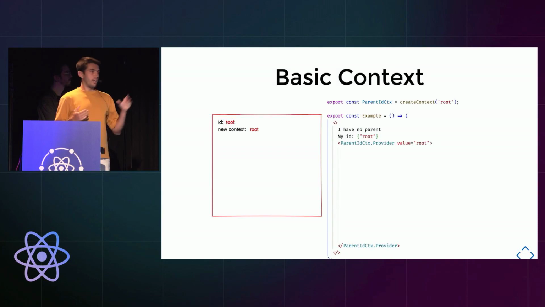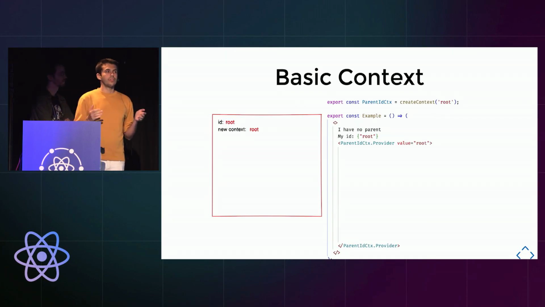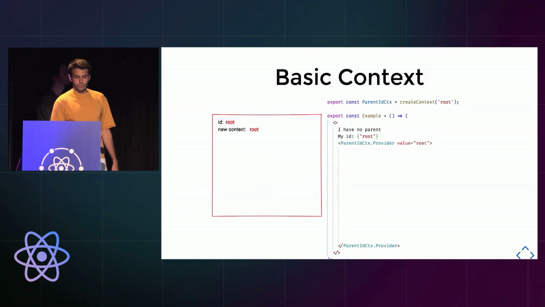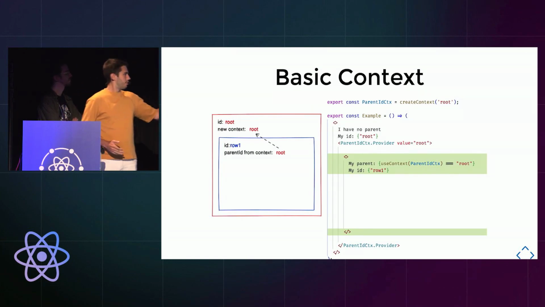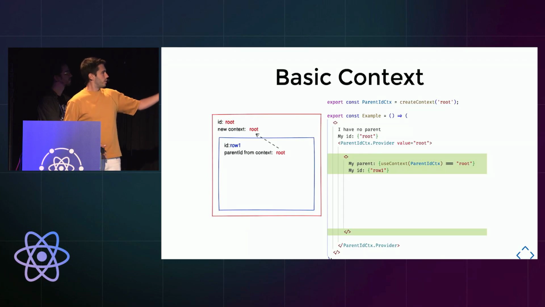You create the context. You have a provider that passes the value root to every children. And so when there's something inside root, like row 1, I mean, this code may seem a bit odd, but it simply means that row 1 will receive root when using useContext.